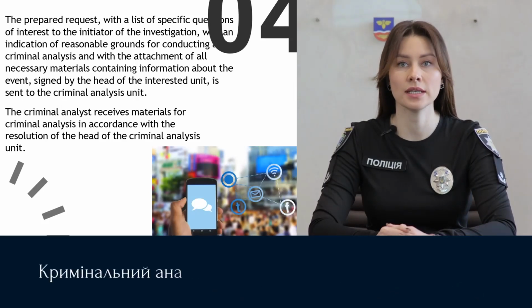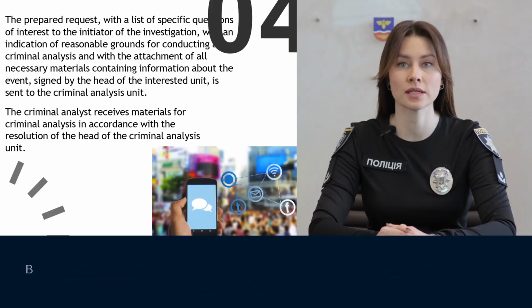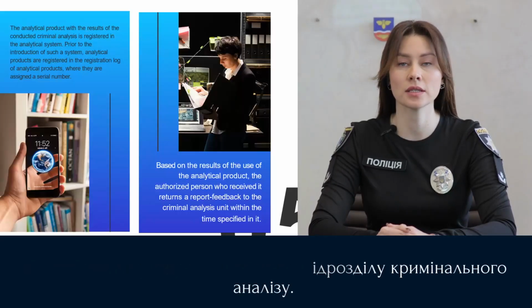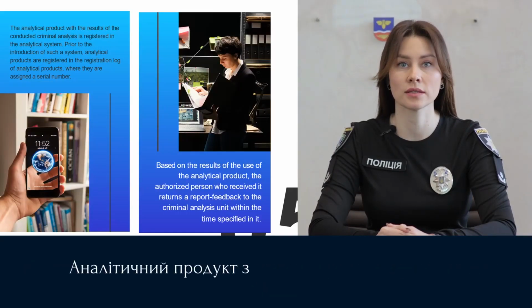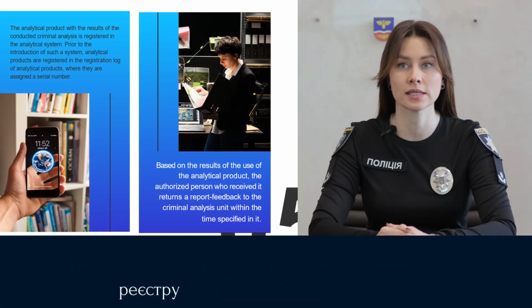The criminal analyst receives materials for criminal analysis in accordance with the resolution of the head of the criminal analysis unit. The analytical product with the result of the conducted criminal analysis is registered in the analytical system.